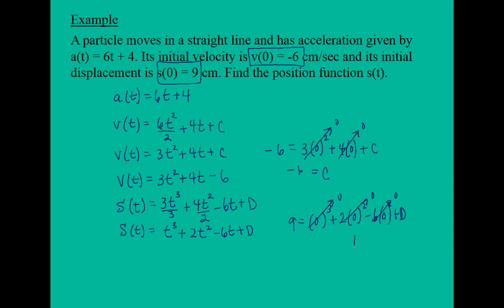So d equals 9. So we have our position function, s of t equals t cubed plus 2t squared minus 6t plus 9. So that's what the problem is asking us to find, our position function. And there we have it.